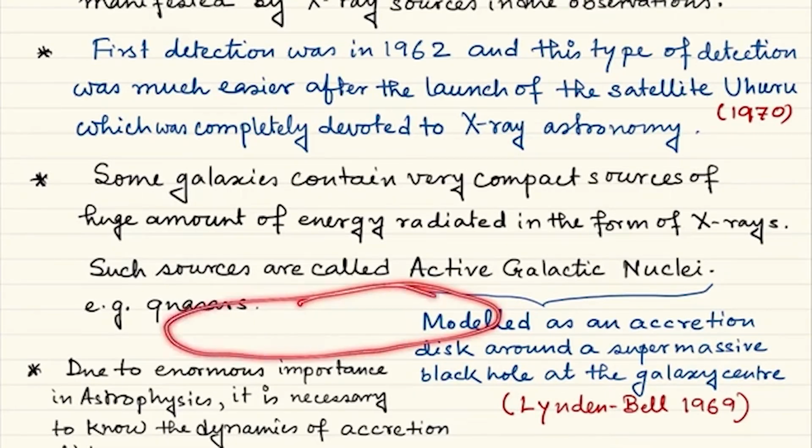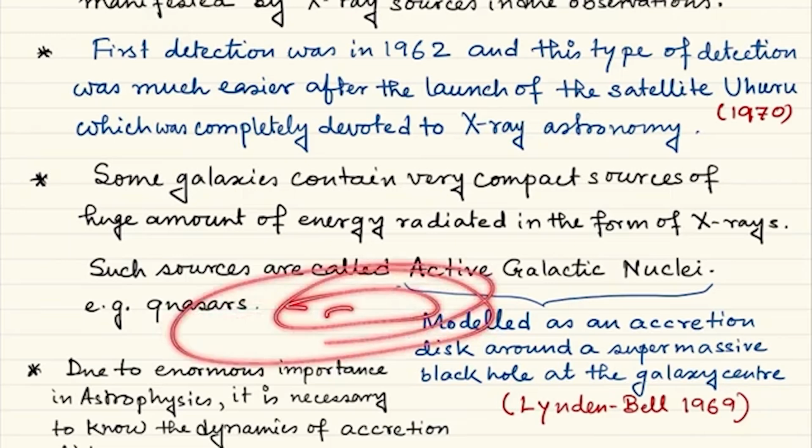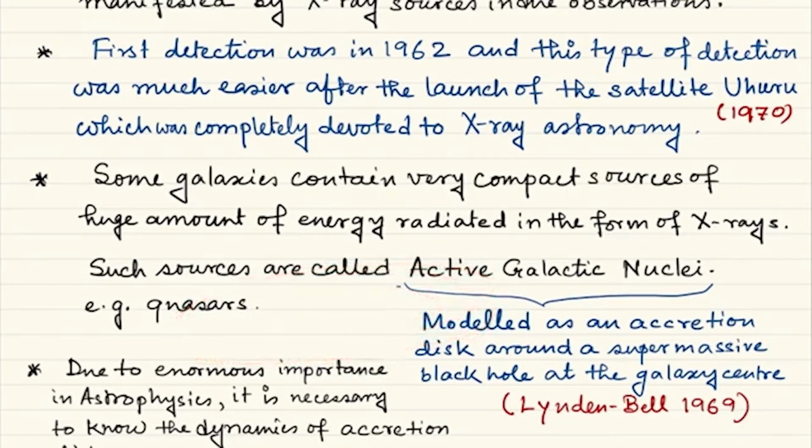Let's say we have a spiral galaxy like this, and near the center there is a very small volume from which you can find an ejection of energy or radiation, let's say X-ray radiation. Then people could study its properties by modeling this as an accretion disk around a supermassive black hole.